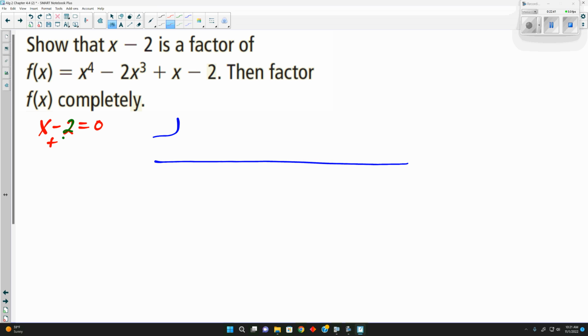So we would add 2, telling us x is 2. Numbers across the top, we would have 1 for x to the fourth, negative 2 for x to the third. X squared would be 0. X would be 1, and then we would have negative 2.